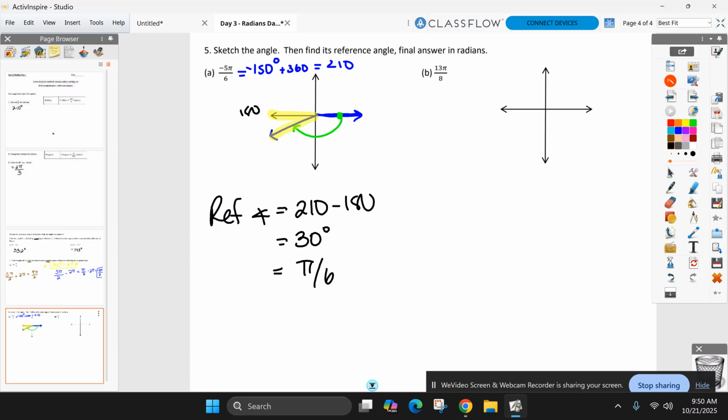All right, one more to make sure we're good. 13 pi over 8. Graph it. Find the reference angle in radians. I'll let you guys work on your own. Graph it first. Find the reference angle.